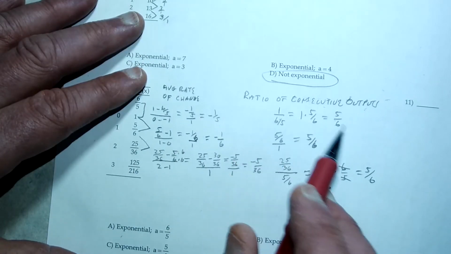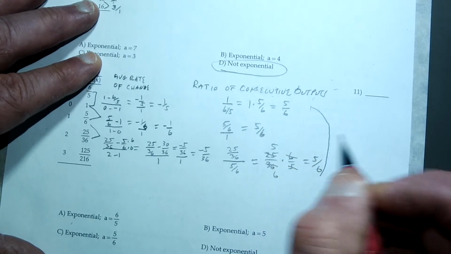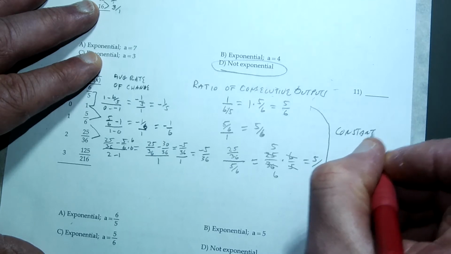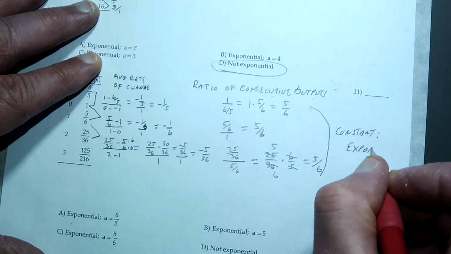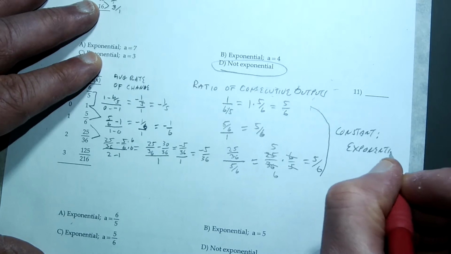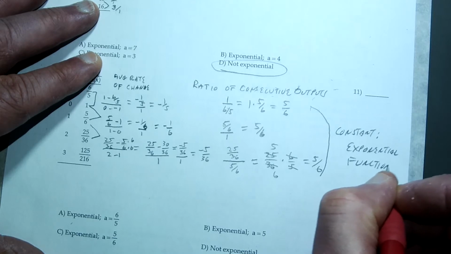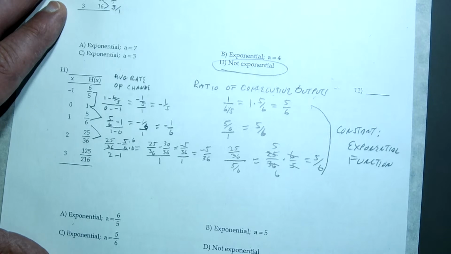And when you have a constant ratio of consecutive outputs, then that means you have an exponential function that is producing that phenomenon of having a constant ratio of consecutive outputs.